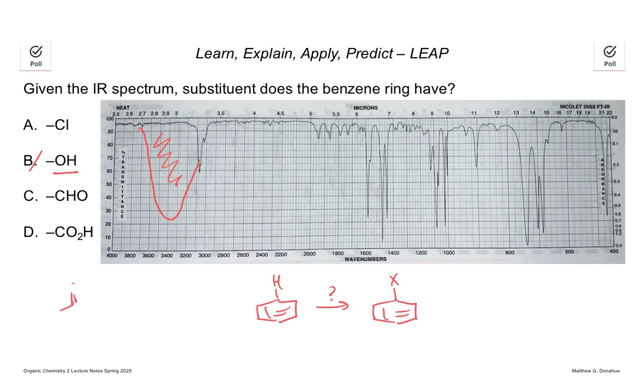So they have the carbonyl. So in our 1700 to 1800 region in here, we don't see a carbonyl. Additionally, since we eliminated B because there's no OH, D can't be D either because we don't see the OH for the acid. So it has to be A.